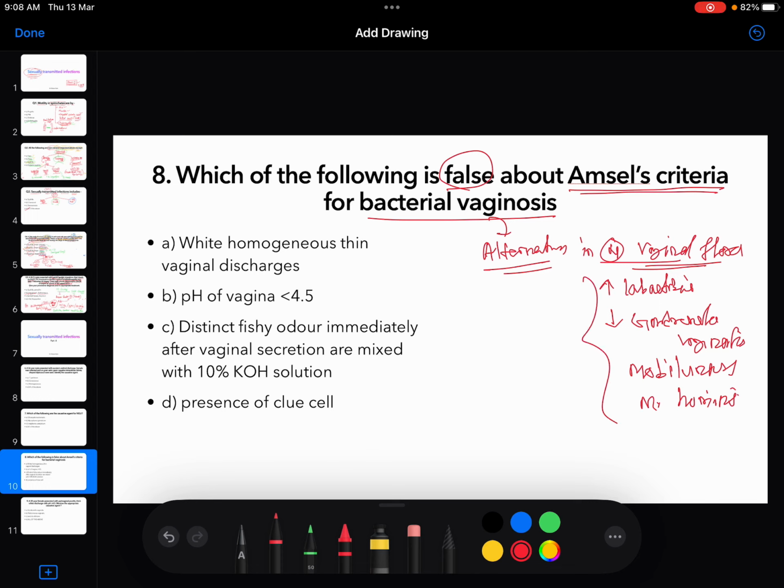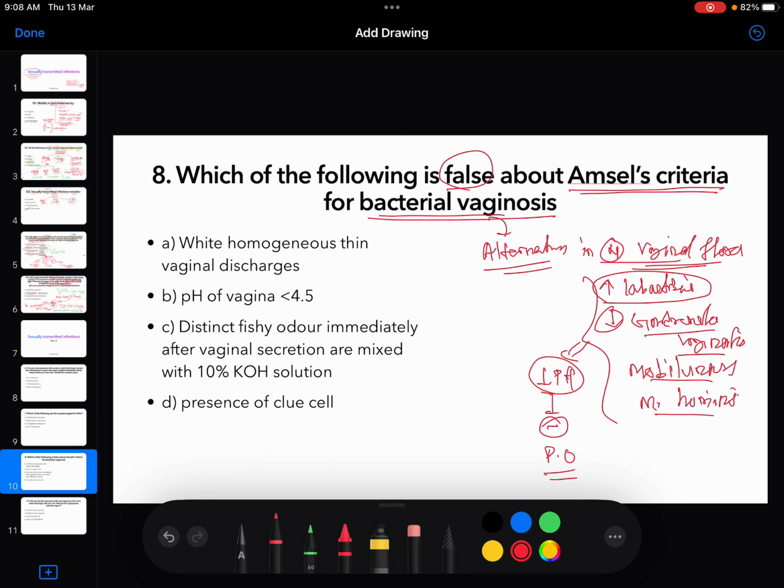All are the normal vaginal flora, that is increase in the lactobacillus and decrease in the others, which causes a decrease in pH of the vaginal flora, and that inhibits the pathogenic organisms.